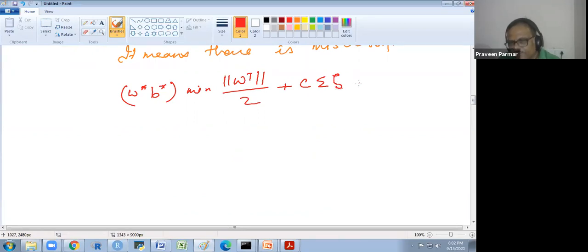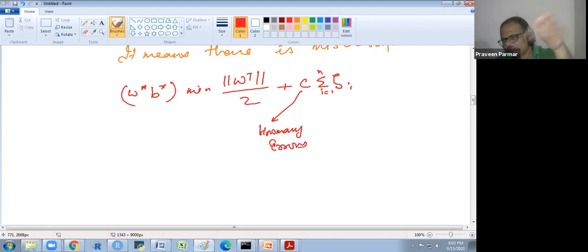We are taking that zeta i, and this is the C i. In C we are not using i, it is i equal to 1 up to n. And what does it mean? I will just explain it, I will not go into detail. This is how many errors there are. That overlapping is basically the errors.